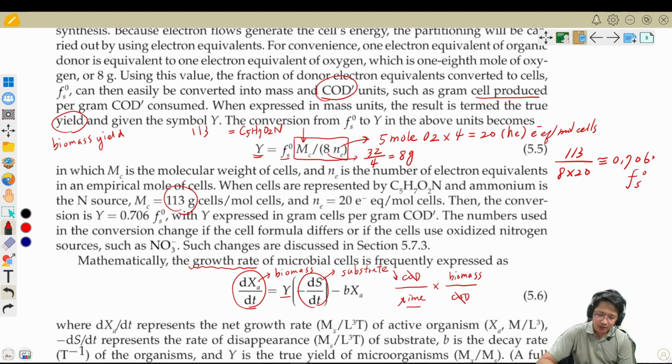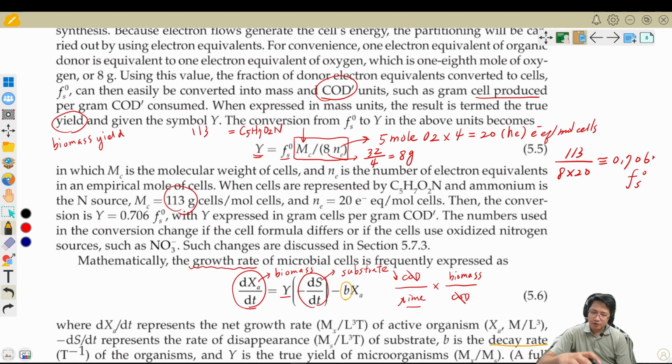And for the later part here, the b represents the decay rate. So basically we have to subtract the decay portion of the biomass.